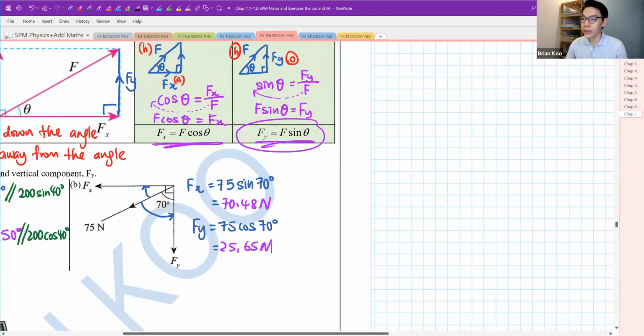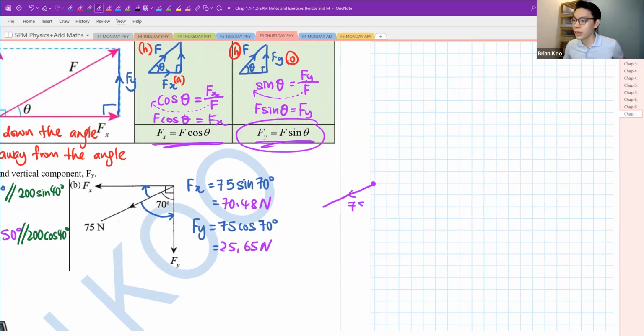Okay. Next one, I want to explain, just give me 2 minutes, very fast. I want to explain this concept. So now we have figured out that one person pulling 75 Newton in this direction is actually the same as 2 persons pulling with a force of Fx is 70.48 and Fy is 25.65.